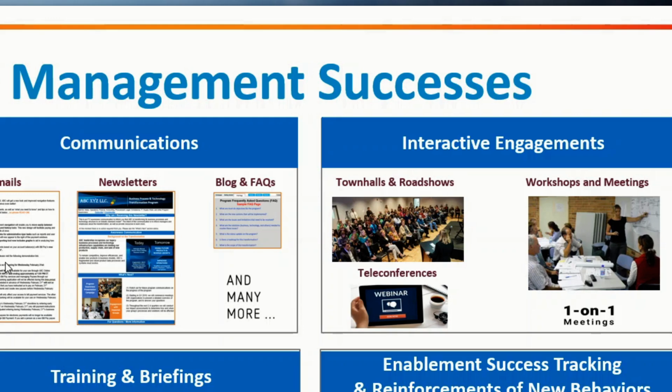So during a town hall, you are communicating the same message that you normally will communicate via email. But this time around, people have the opportunity to ask questions, to express concerns, or to make requests. The same thing with workshops.